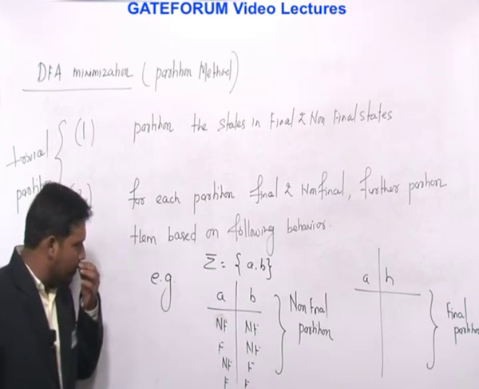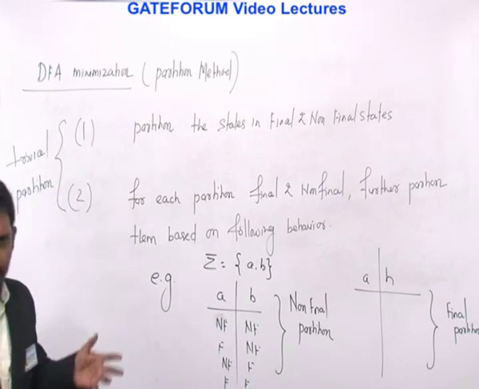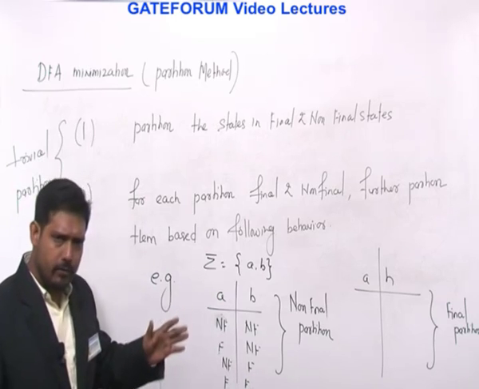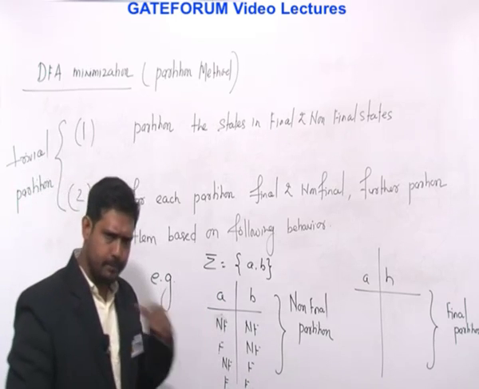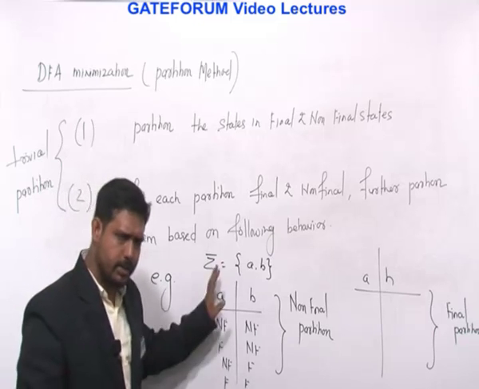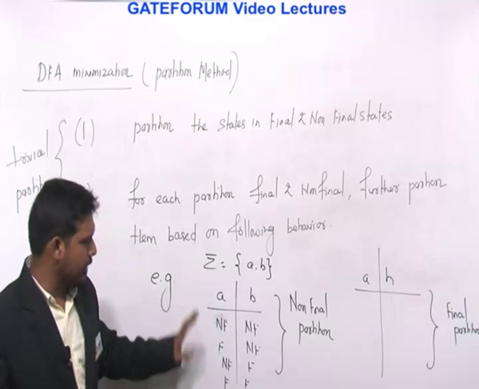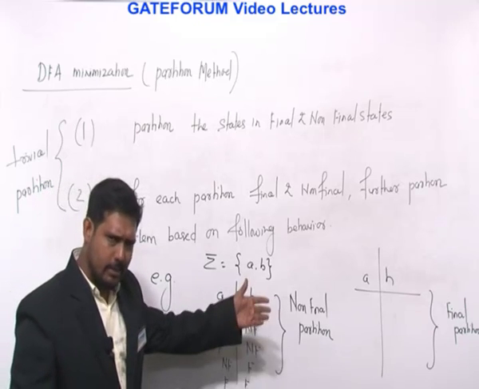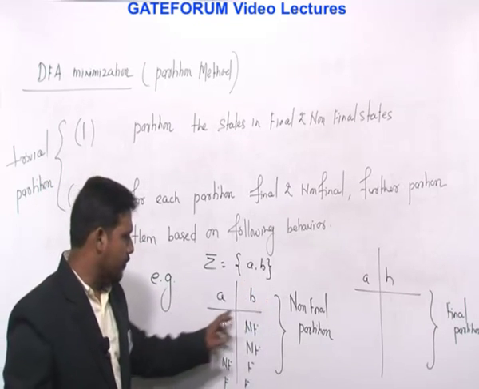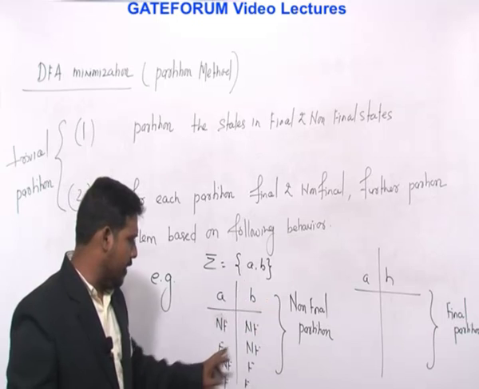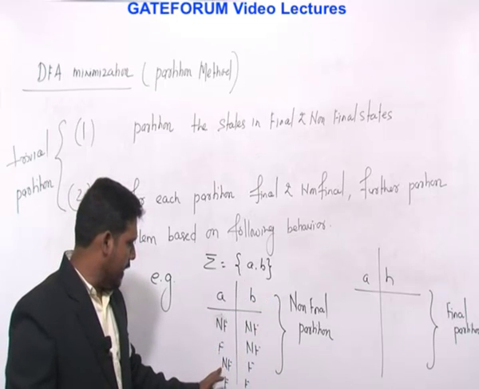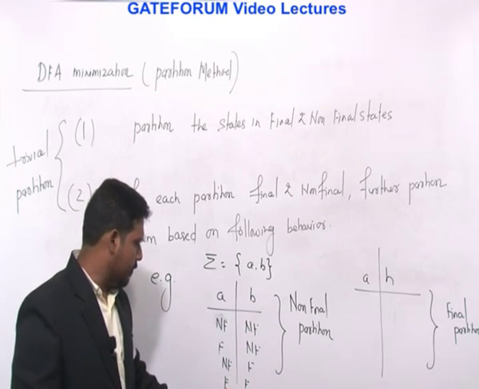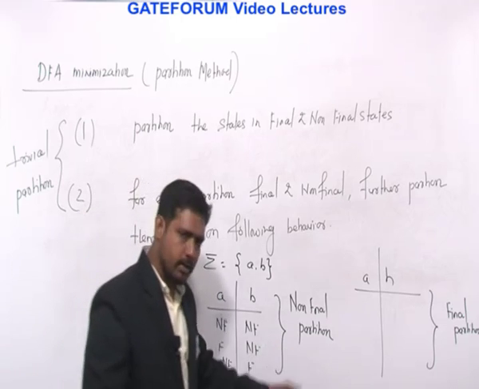So the behavior on inputs A and B has 4 combinations. If there are 3 alphabets, more combinations are possible. Generally, 2-alphabet questions come in the examination, so let's focus on this part.